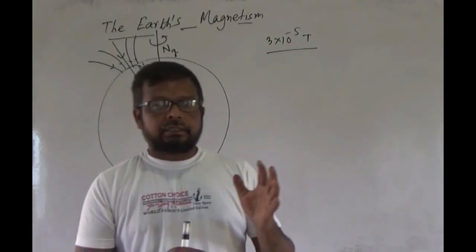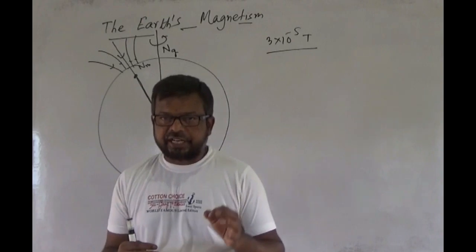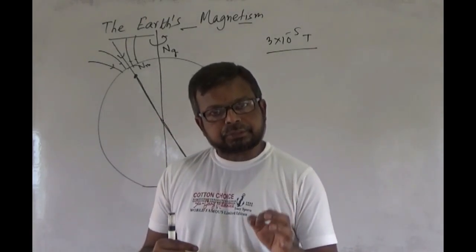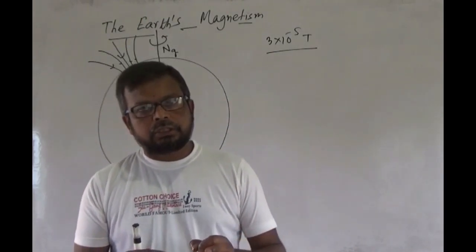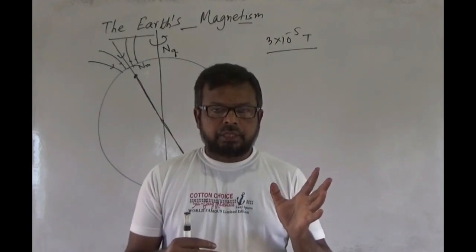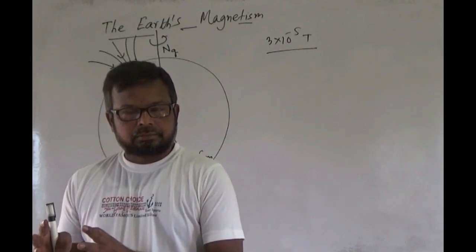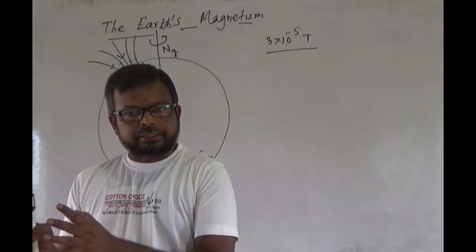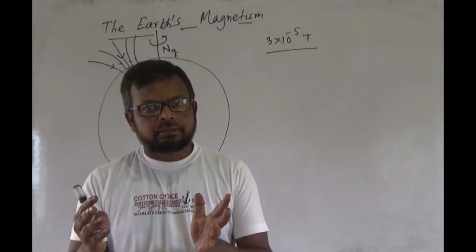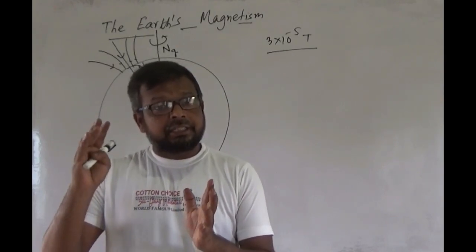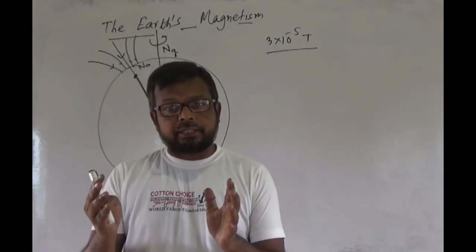Now every substance, we know, consists of protons and electrons, and protons and electrons are charged particles. When Earth rotates, substance is rotating, and substance rotating means electrons and protons are also rotating.